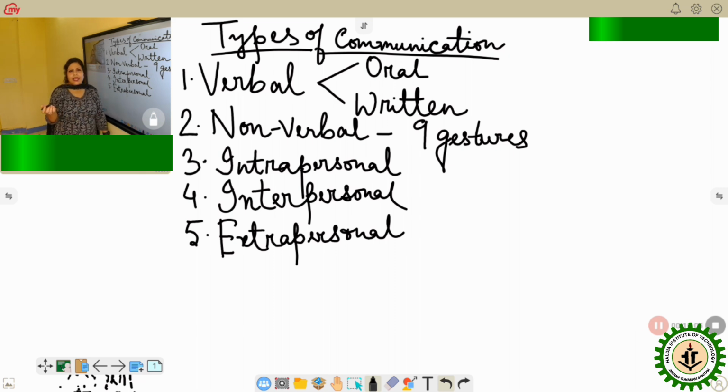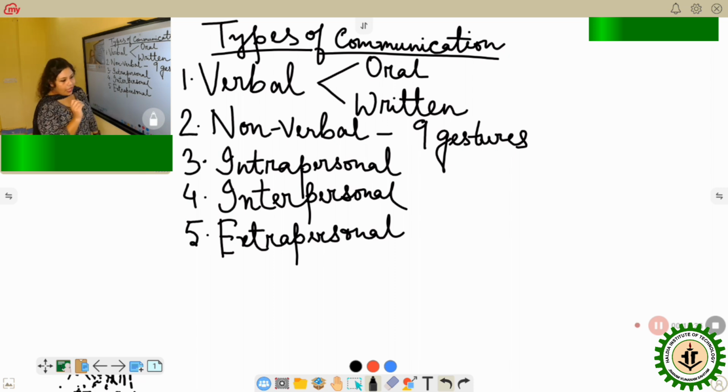Most of us have pets back at our home, and they have their own way of communicating, right? Obviously not through words, but through certain body languages, certain gestures, maybe certain sounds, which the pet parent specifically understands. So when that type of communication is done, that is known as extrapersonal communication.